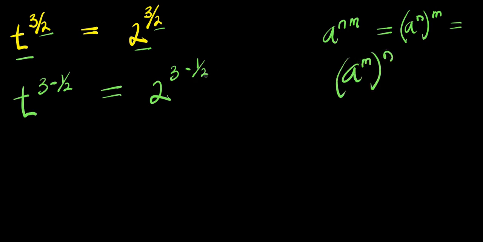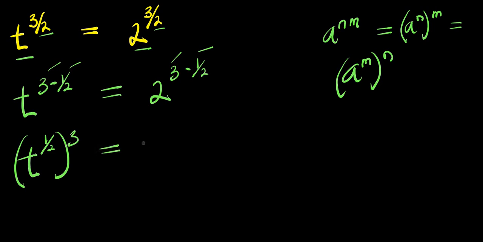So we are going to switch these powers. That means this is my n, and this is my m. So I'm going to have t power 1 over 2 to the power of 3 equals 2 power 1 over 2 to the power of 3.